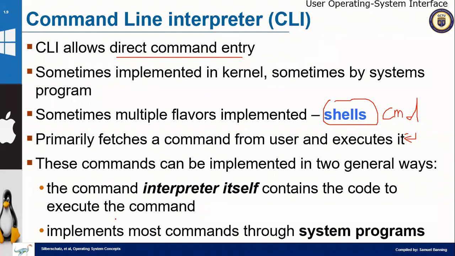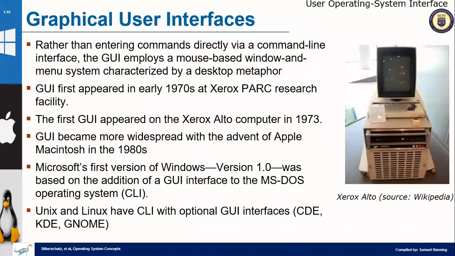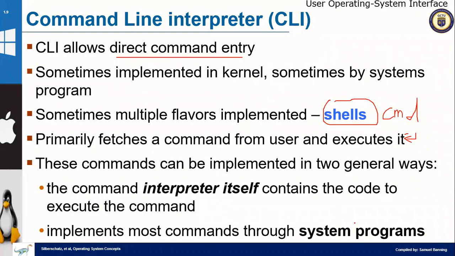Number two, this can be done using system programs. If the interpretation of the command you want to execute is not in the command interpreter itself, then it has the power to execute some of the system programs.